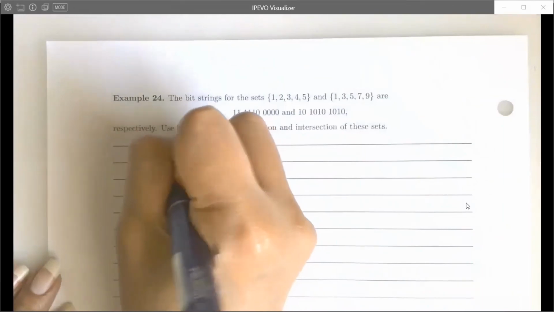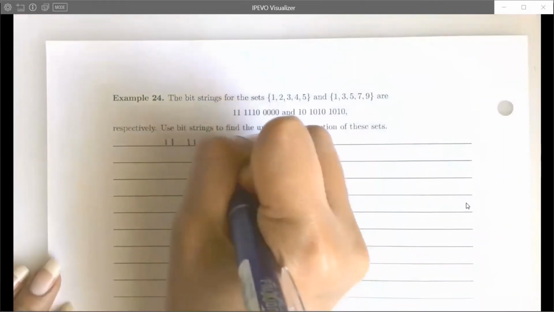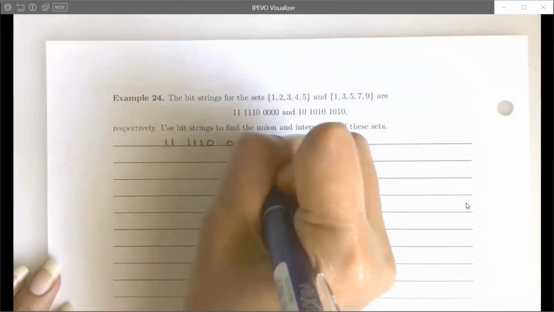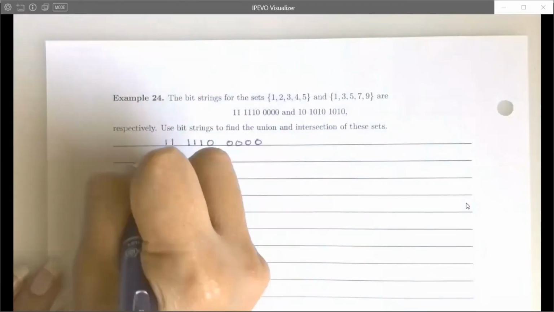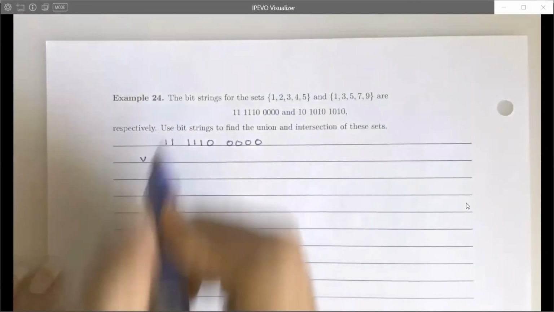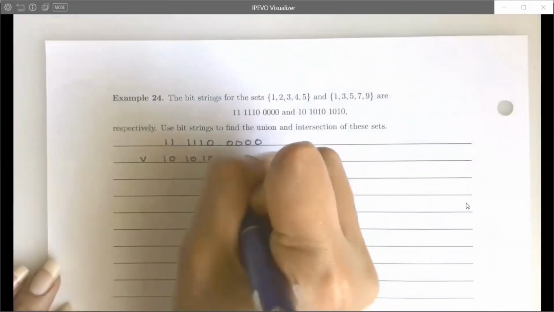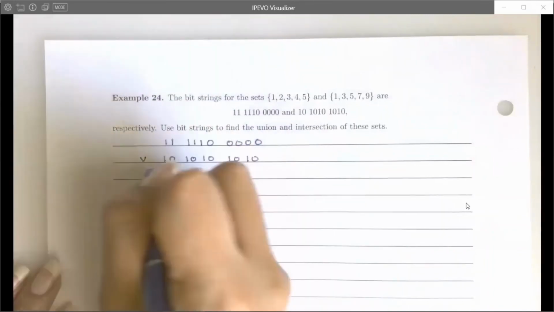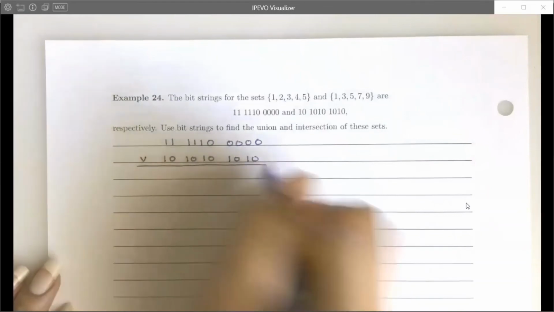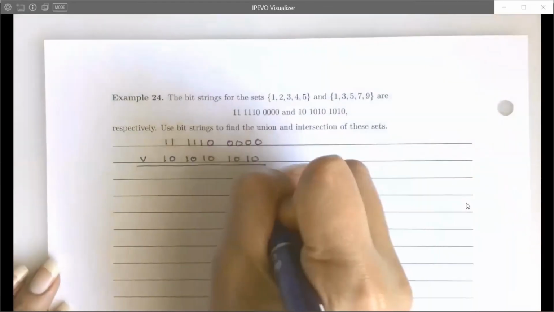We're taking 1, 1, 1, 1, 1, 0, 0, 0, 0, 0, union, which means disjunction, with 1, 0, 1, 0, 1, 0, 1, 0, 1, 0. So if you take 0 or 0, that gives you 0.